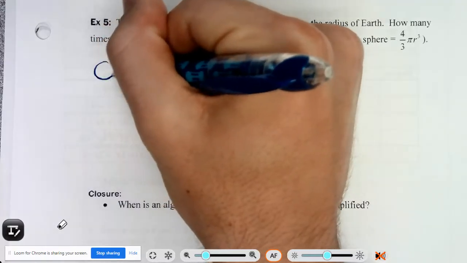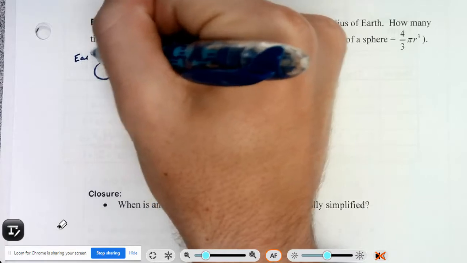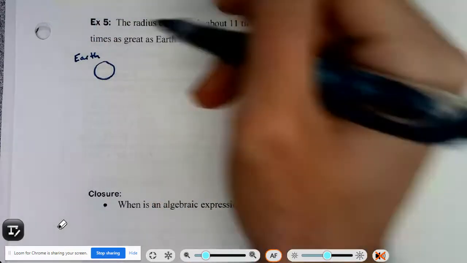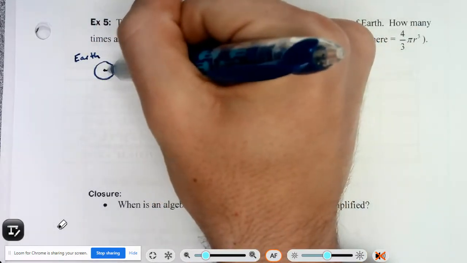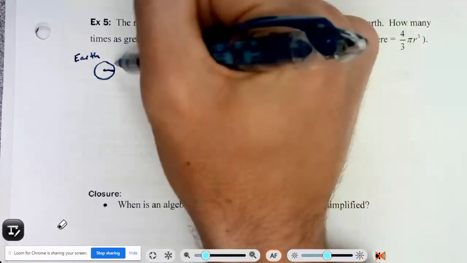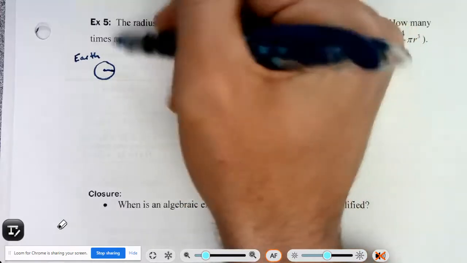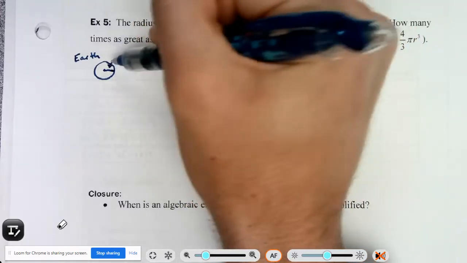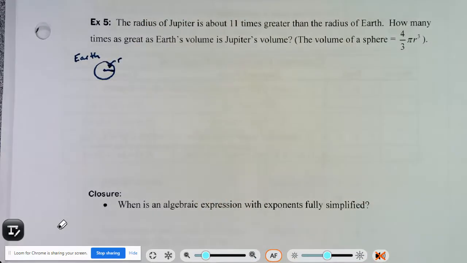If we imagine that we've got Earth right here, we can label Earth. I'm a visual person, I like the diagrams. Get the center. The radius means from the center to one of the edges. So that length we're saying is r, the radius for Earth.